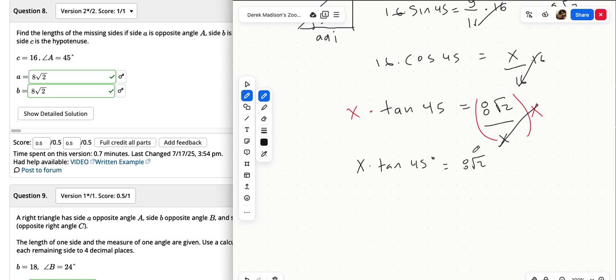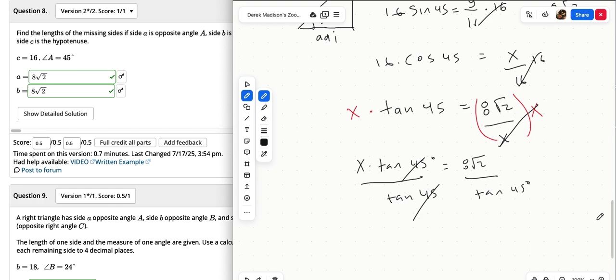We wanted to get the x out of the denominator, so that's why I'm multiplying both sides by x. And now to finish getting that by itself, I would have to divide both sides by tangent of 45. And then that's what I'm putting into the calculator. Or if it's an exact value, I could do that as well in the solve.